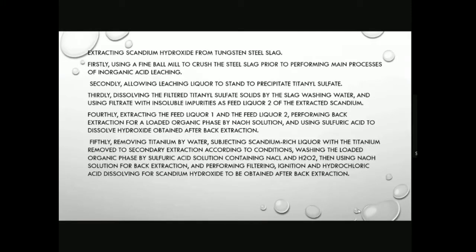Secondly, allowing the leaching liquor to stand to precipitate titanium sulfate, filtering and removing the titanium sulfate, diluting the mother liquor with slag washing water, and using the diluted mother liquor as feed liquor 1 of the extracted scandium.